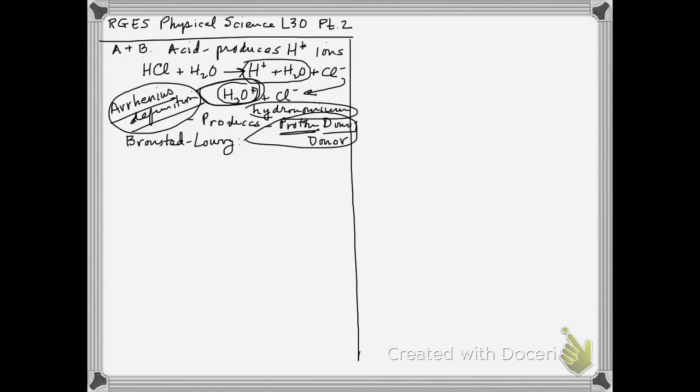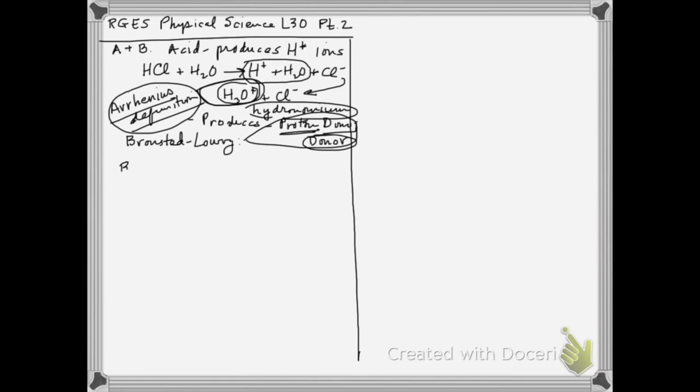It all has to do with when the acid goes into liquid, it ionizes, and the H plus ion grabs the water and produces hydronium ions. That's really what an acid is. First Arrhenius posed this, but then Bronsted-Lowry also came in and said, yes, it's a donor of hydrogen ions.